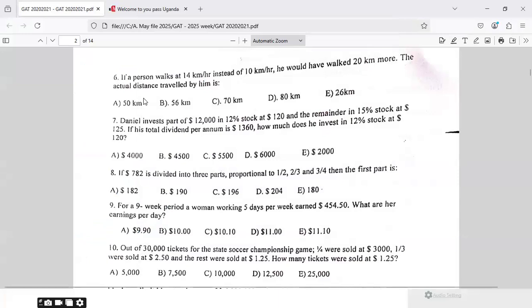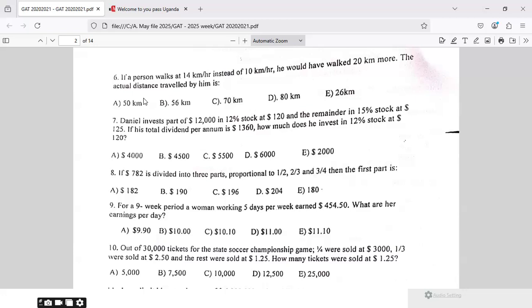When they say instead of, meaning the actual kilometers that were supposed to be moved at 10 kilometers per hour, that's the actual speed that it was. If a person walks at 10 kilometers per hour, instead of that, he would have walked 10 kilometers more.